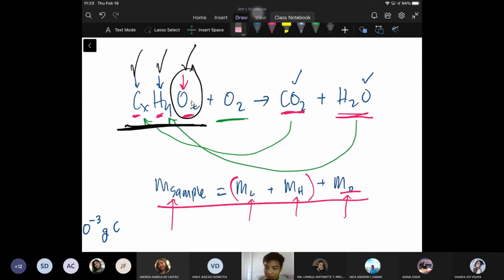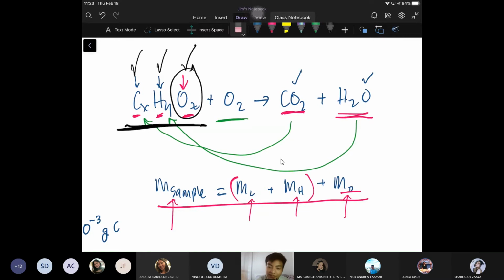So, instead of doing that, no, masyado kasing complicated kapag ganon, ganito na lang yung shortcut, no? Kung ano yung mass ng sample mo, that is the sum of the masses of the elements there. Okay, so alam mo na yung mass ng carbon, alam mo na yung mass ng hydrogen. So kung ano yung kulang, yun na yung mass ng oxygen. So, ganun yung shortcut doon.